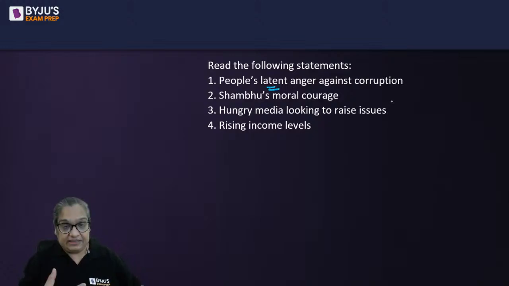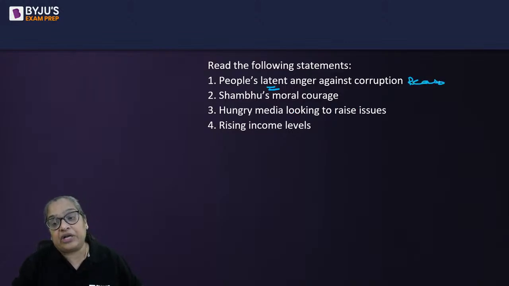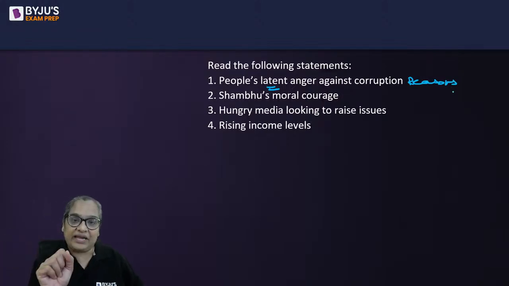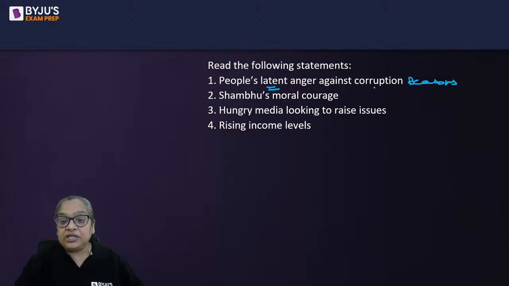Latent means hidden, something that is not apparent. Shambhu's moral courage, these are reasons for the support. Yes, they are angry. They finally found somebody who they can anchor on to. They found an anchor and they could vent it out. Shambhu's moral courage, yes, they must have been inspired by him.